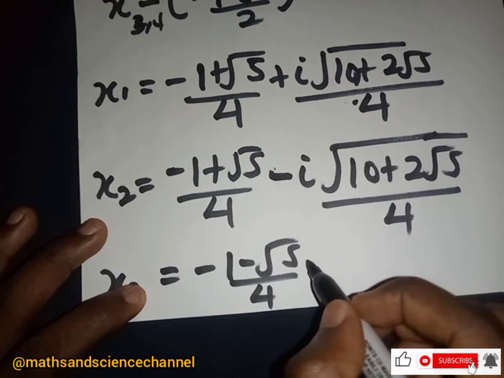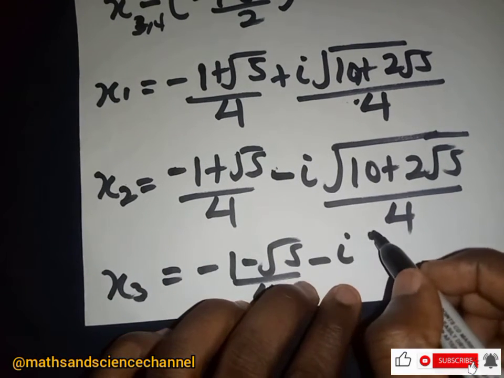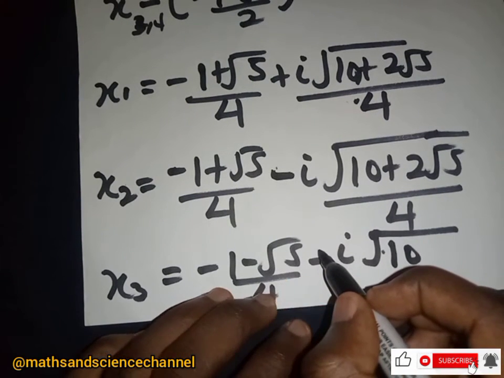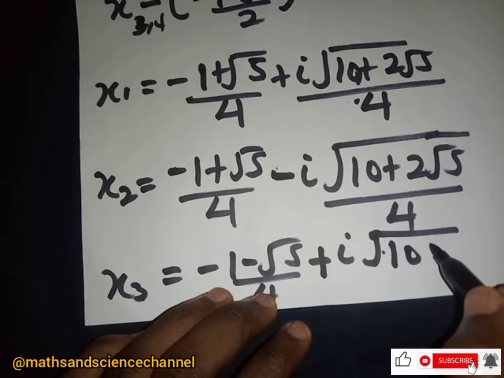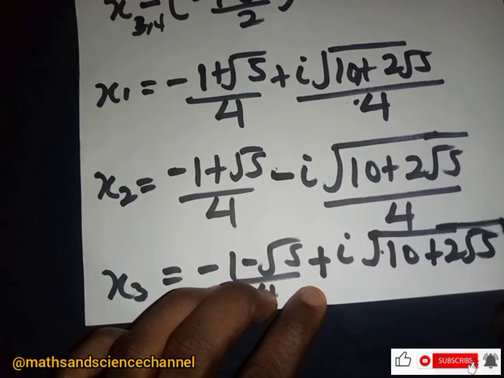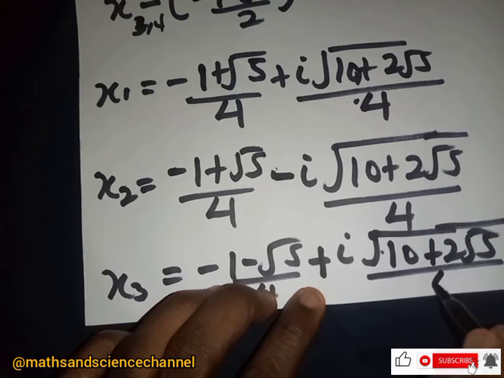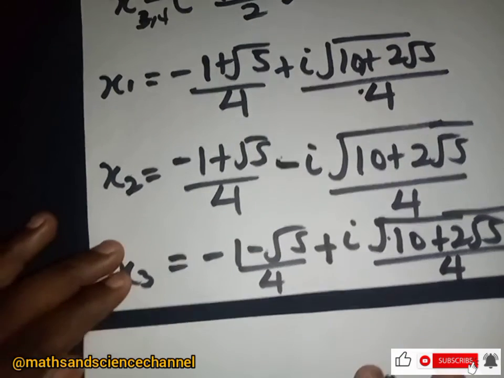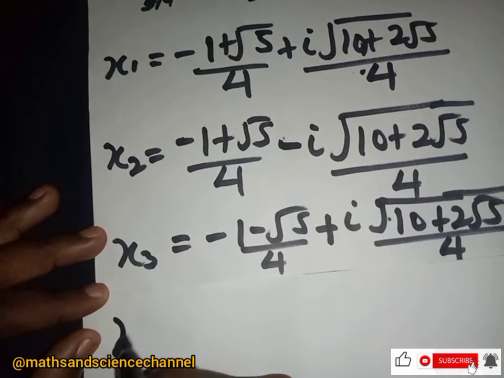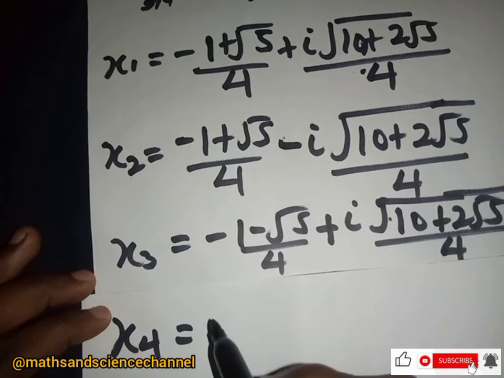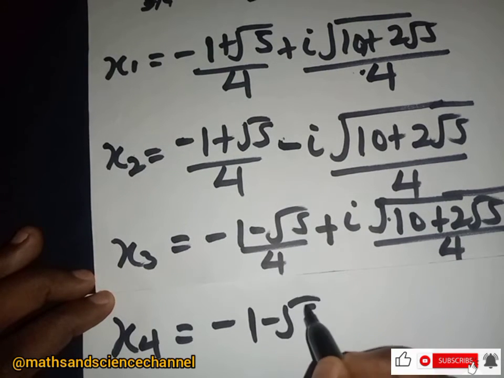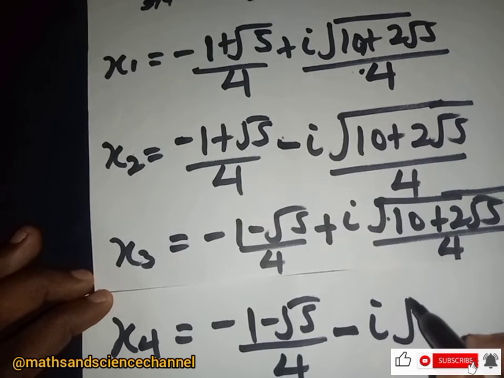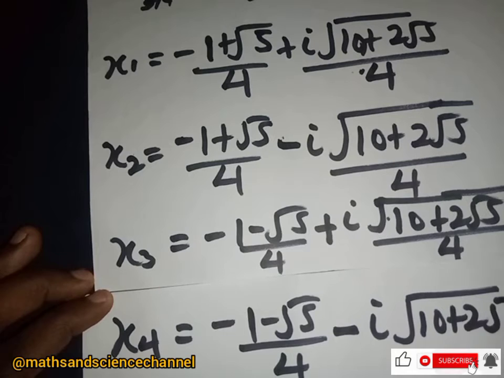And then we have minus i here square root of 10, so the first part will be positive, so we have 2 root 5 and then divided by 4. So that's for the x3. Now for the x4, we are just going to get x4 here being equal to the same thing, but then the positive we just change to negative: square root of 10 plus 2 root 5.